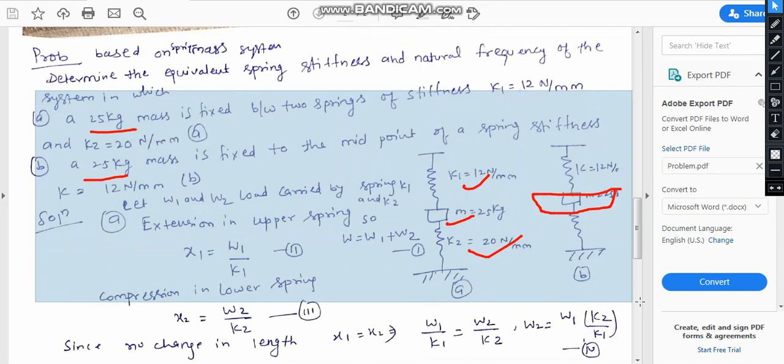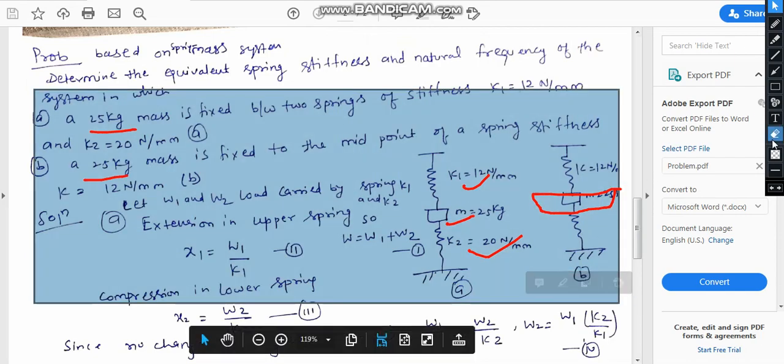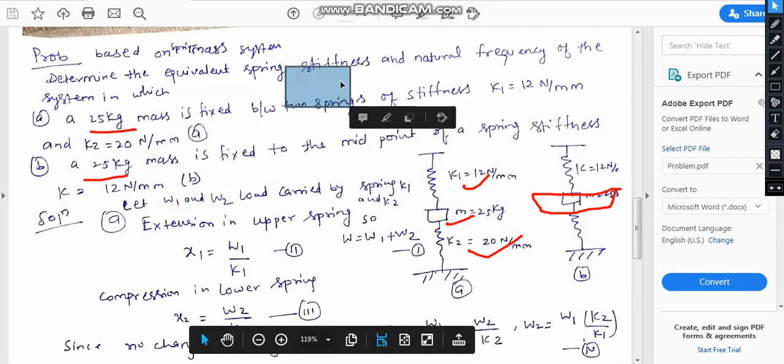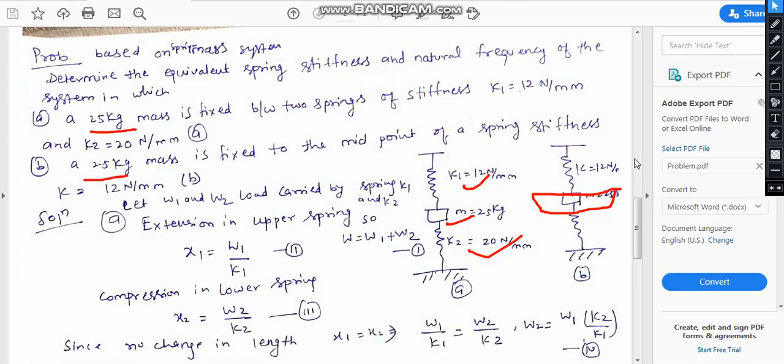As we know, the total load is distributed in this spring and in this spring.